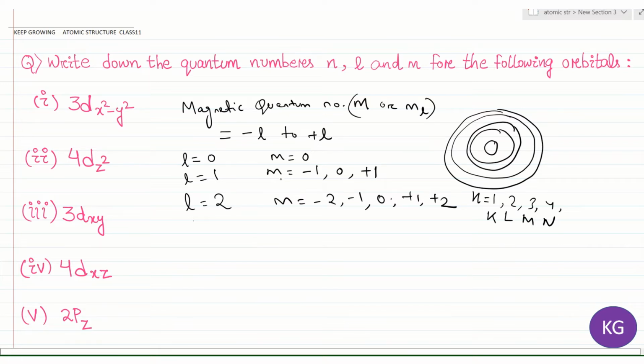Hence, for m equal to minus 1, 0, plus 1, what is the designation for it? This represents the orbital.